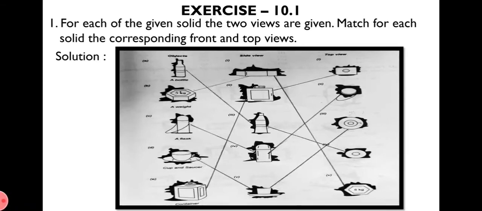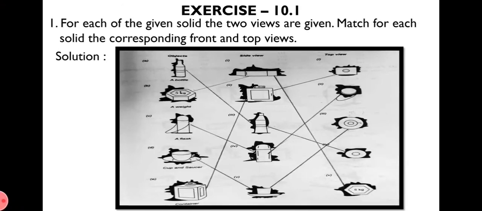In the question, in the first line solid objects are given, and another 2, top view and front view, are given. You have to match the front view and top view of the given solid object. Only you have to match. So students, please solve this question in the textbook itself.